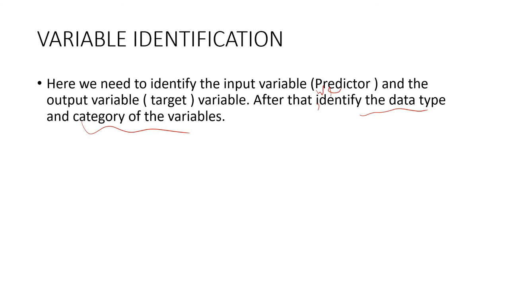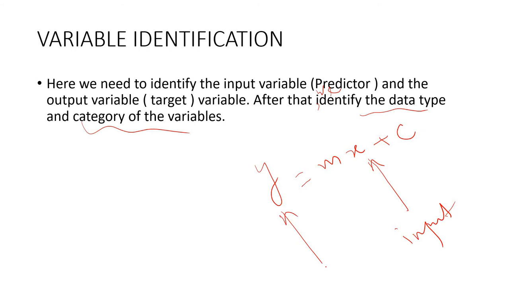Take the simple equation again: y is equal to mx plus c. Here x is known as the input variable, and y is the output. We call the input variable the predictor, and the output variable the target.